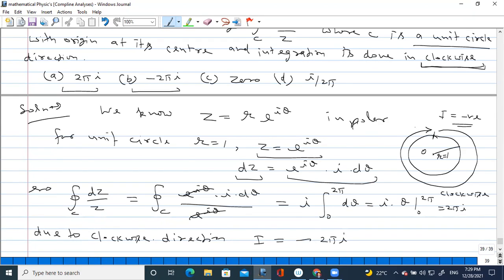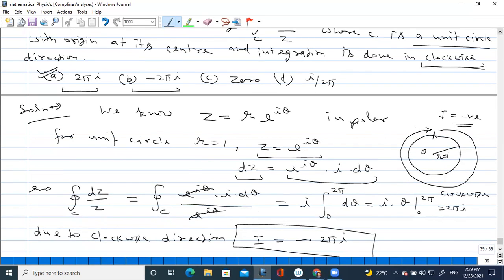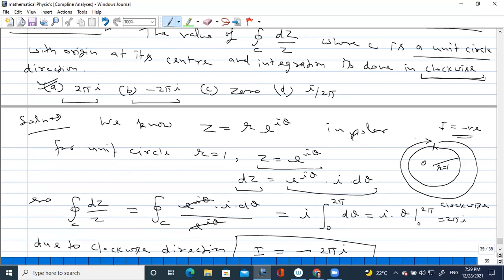If it is anti-clockwise, then it would have become plus 2 pi i. Okay, so A is the correct answer. Note down this. So this is a very simple question, but giving you so much information. Okay, note down this.